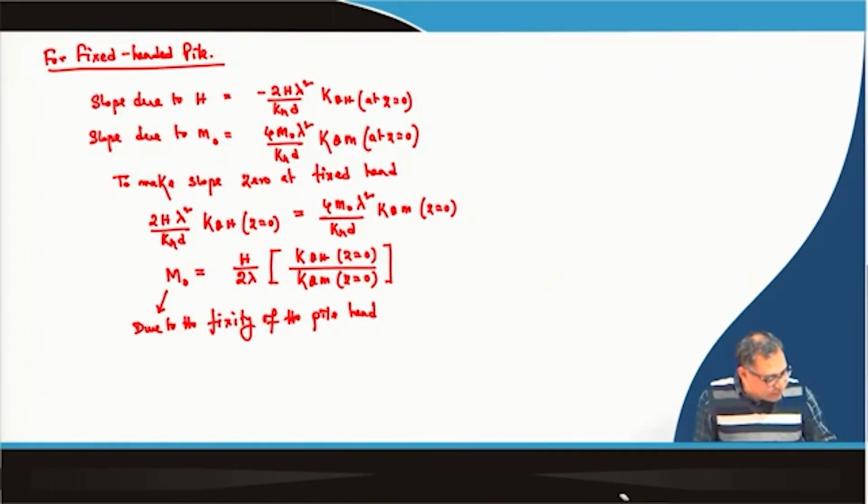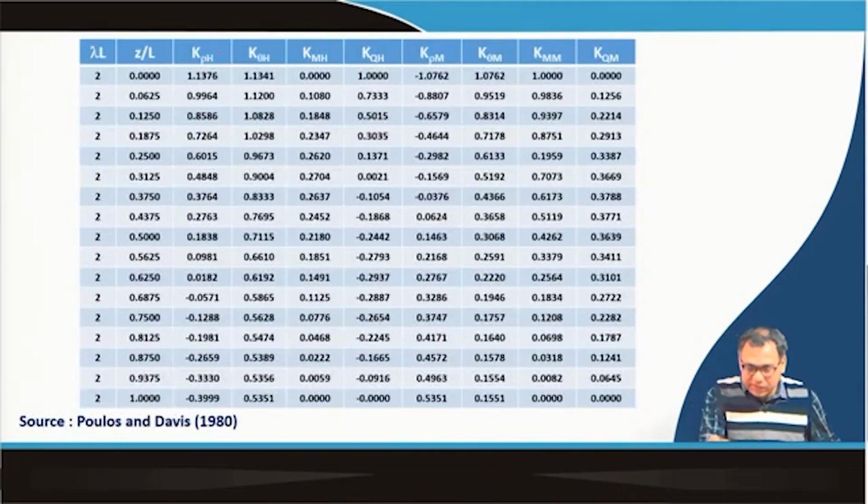We have developed these equations for the pile, and then we calculate the coefficients: k rho h, k theta h, k m h, q h, rho m, theta m, m, q m.